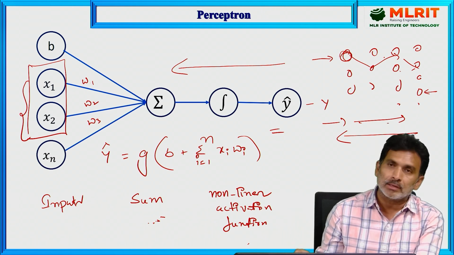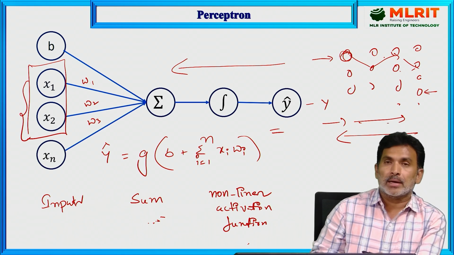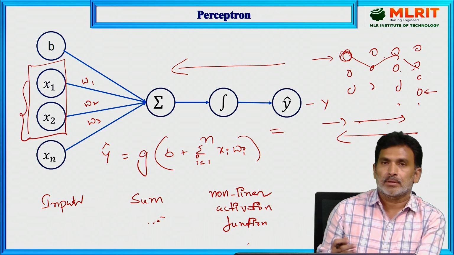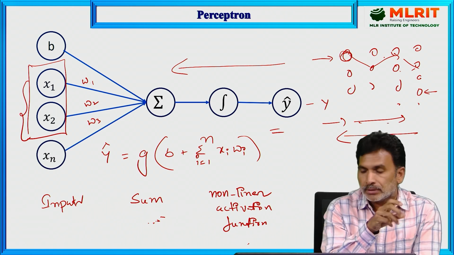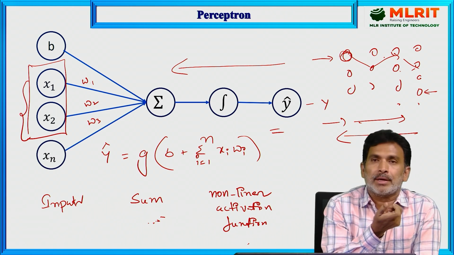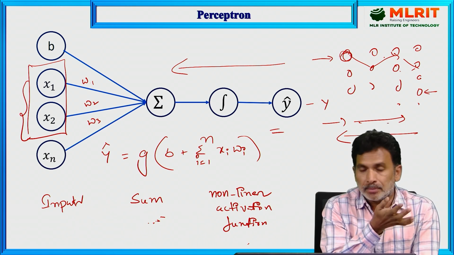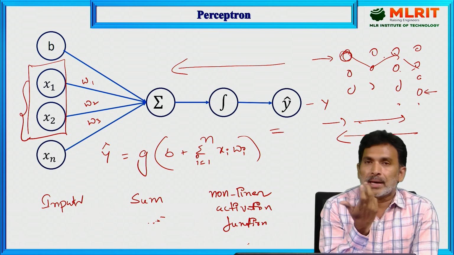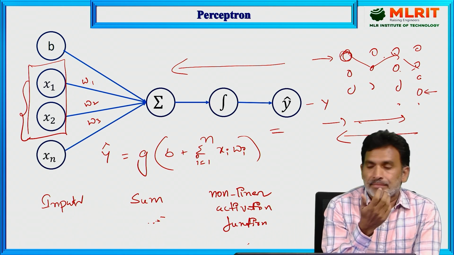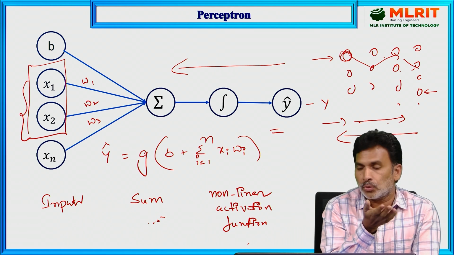If there is still an error, then again the weights and biases need to be updated. That is tuning the weights and biases so that the inputs and the corresponding outputs will match. That is the way we can train the models.